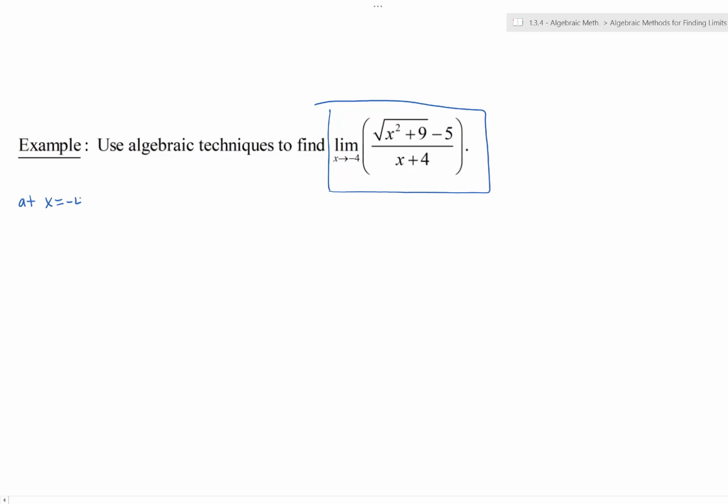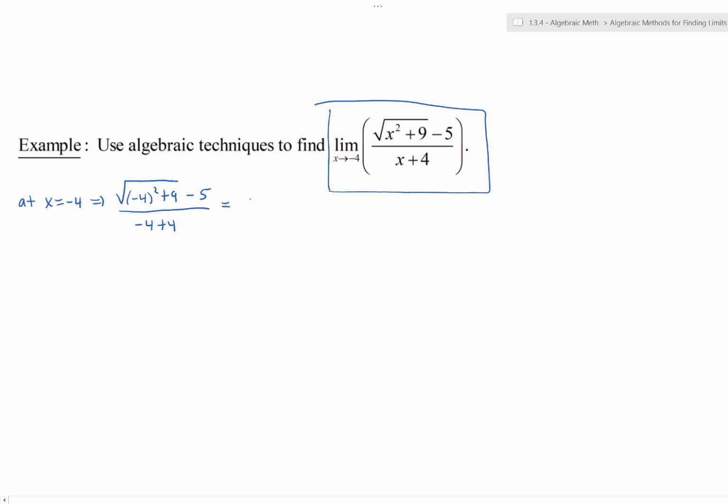We have roots of quadratics, we have a linear function in the denominator, and it's worth noting that at x is equal to -4, what happens if I plug that into the function? I'm going to get square root of -4 squared plus a 9 inside the root minus a 5 on the outside, all divided by -4 plus a 4.